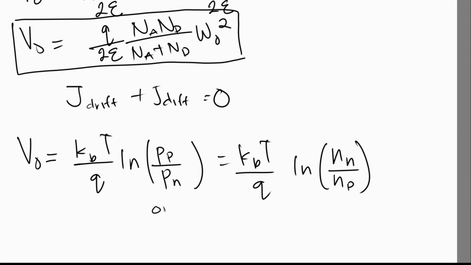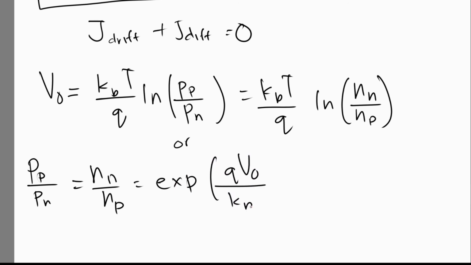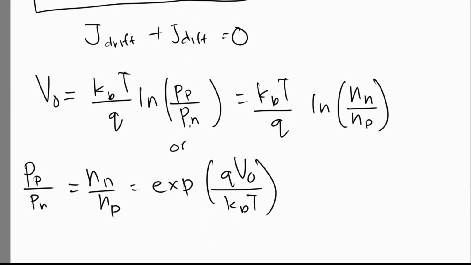You can also express this as a function of the ratio between the majority holes and the minority holes, like this: p_p over p_n equal to n_n over n_p, and we just make this an exponential expression, exponential of q V naught over k_B T. For this expression, we know, as discussed earlier, that p_p is the number of holes in your p-type semiconductor, and p_n is the number of holes in your n-type semiconductor.